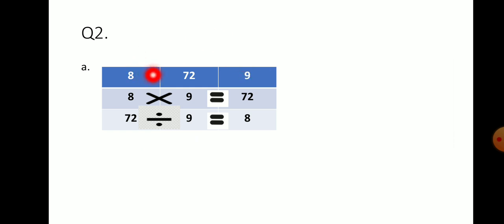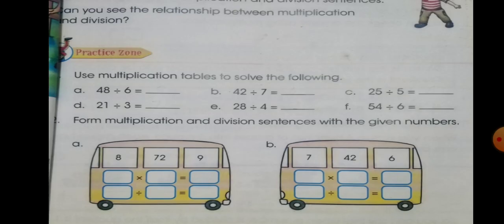If you divide 72 by 8, you will get the answer 9. And if you divide 72 by 9, you will get the answer 8. It's your choice whether you divide by 8 or by 9; you will get the opposite number as the answer. Now your homework is to solve part B of question number 2 also.